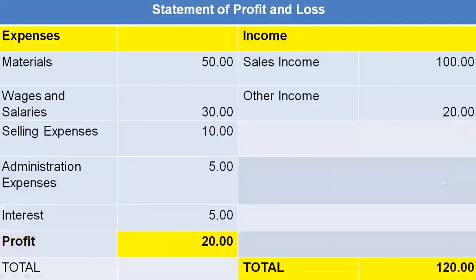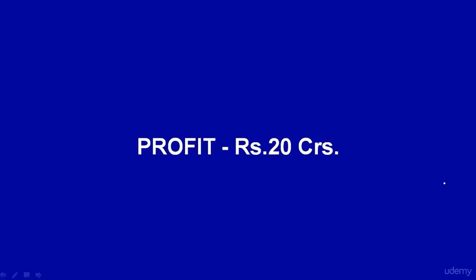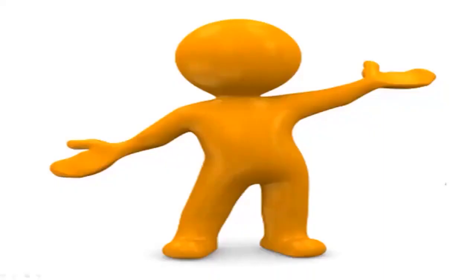Look at here, profit is 20 crore. That is income of 120, expense of 100, and profit is 20. And the total here is 120. So we have calculated the profit is 20 crores, and this is all about the income statement. We have recorded income on one side, expenses on the other side. We have found whether the company has made profit or loss.